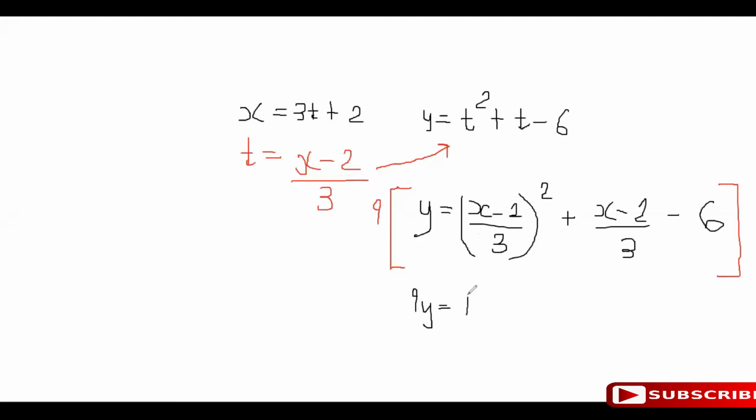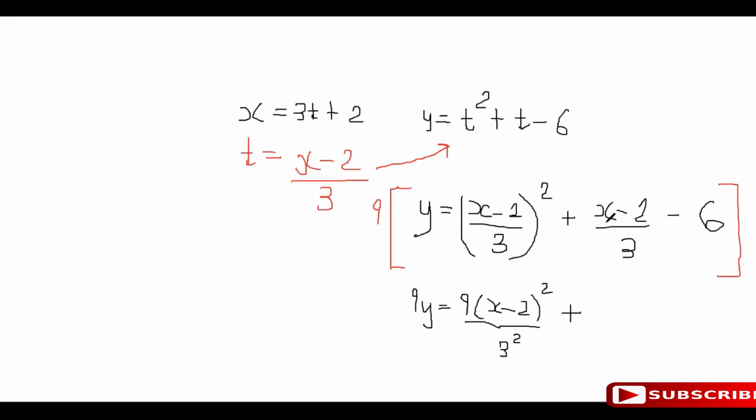It's going to work out to be 9 times, in the numerator we have x minus 2 squared over 3 squared. Now 9 over 3 squared, that part is going to cancel.